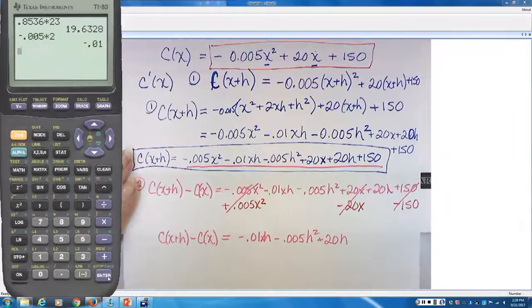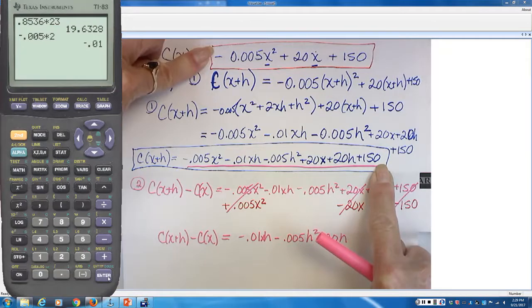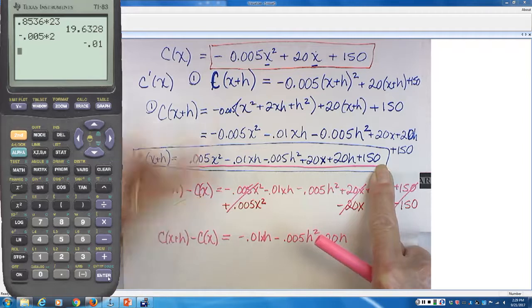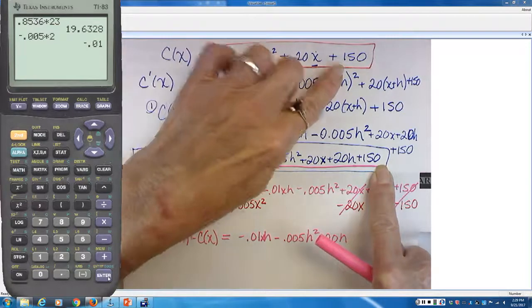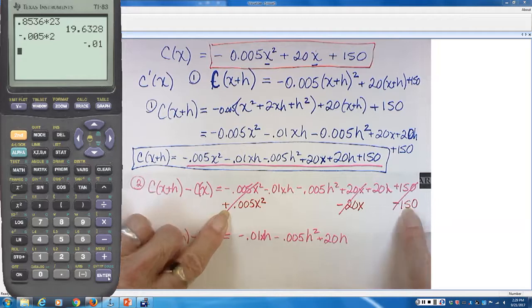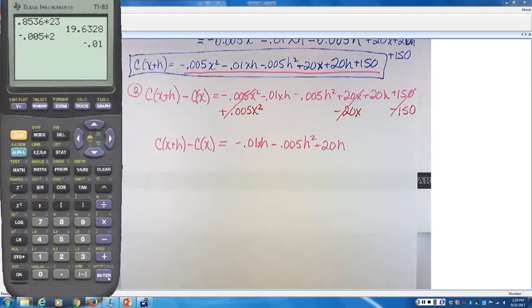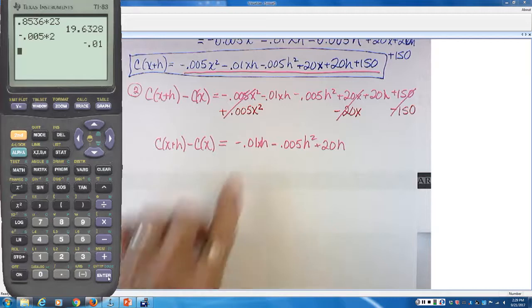I'm taking this minus that. Which is why, in order to just save time, when I subtract C of X, that sign changes, and that sign changes, and then I just add it to the other part, okay? So is everybody clear on how we got this?